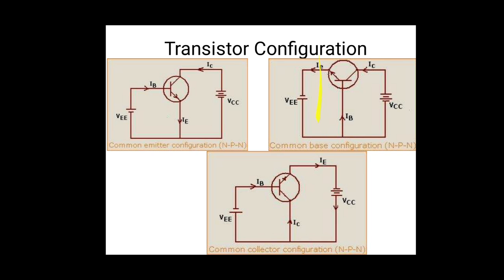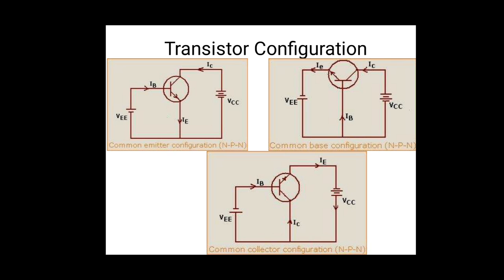This is the input port, this is the output port. So input is applied between the base and emitter and the output is taken from base and collector. So base is the common terminal between the input port and output port, and hence the name common base configuration in this diagram.